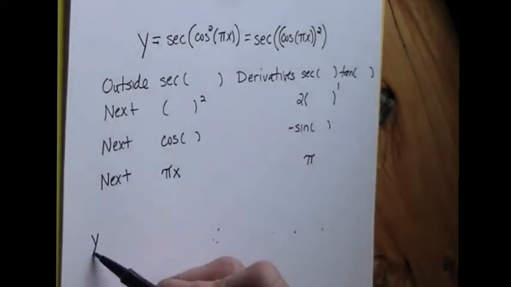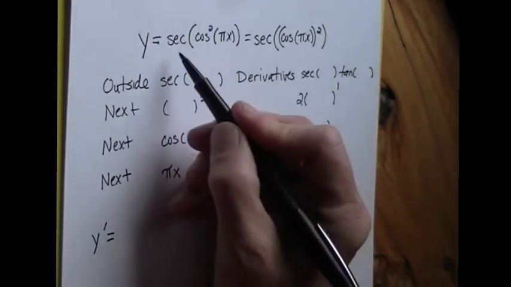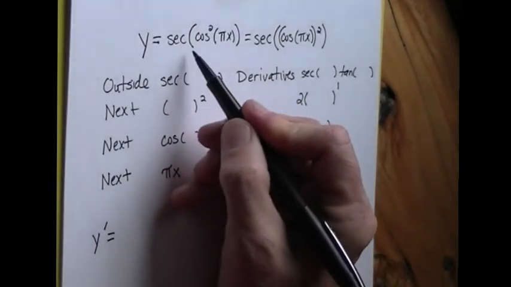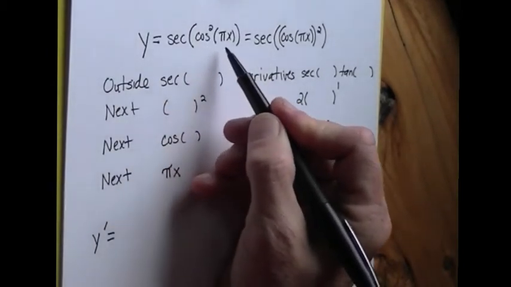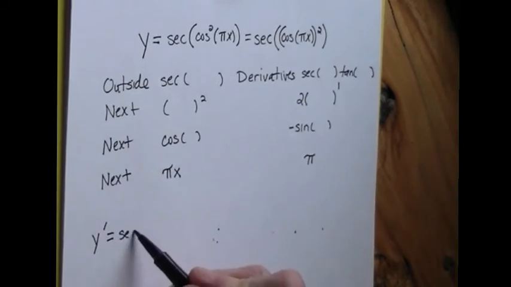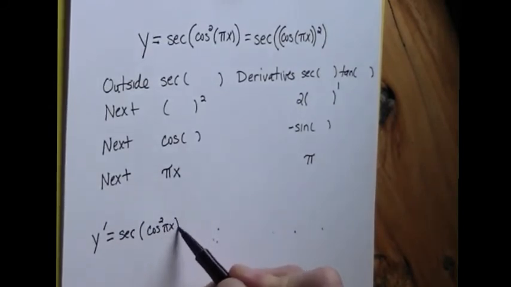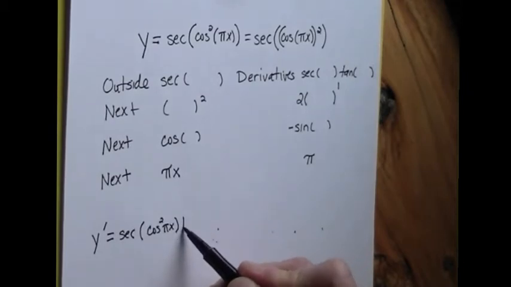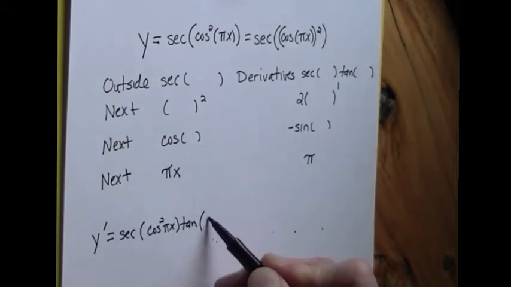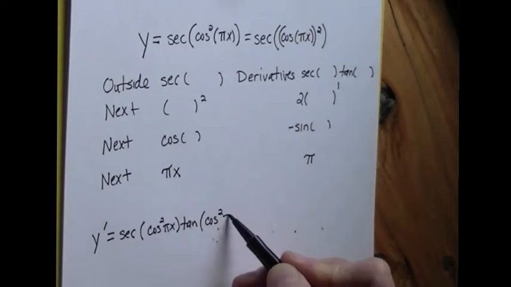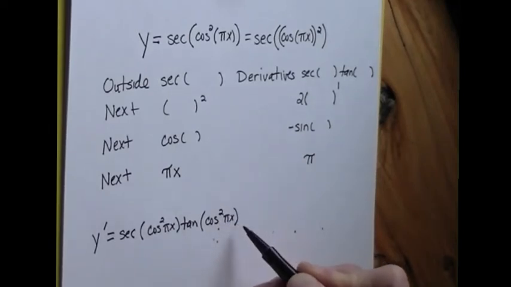So by the chain rule, the derivative of my original function, secant of cosine squared of pi x, will be secant with the cosine squared of pi x as its input times tangent with cosine squared of pi x as its input.